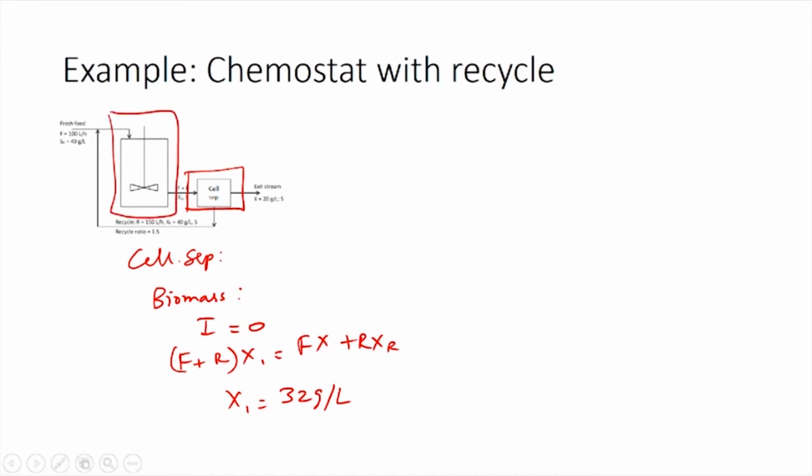For the chemostat, we can write a biomass balance. The biomass balance for the chemostat would be input minus output plus generation minus consumption equals accumulation. No accumulation, and no consumption, as we are assuming that there is no cell death. So, consumption goes to 0. Input is, you do not have any input through the fresh feed, you only have biomass input through the recycle stream.